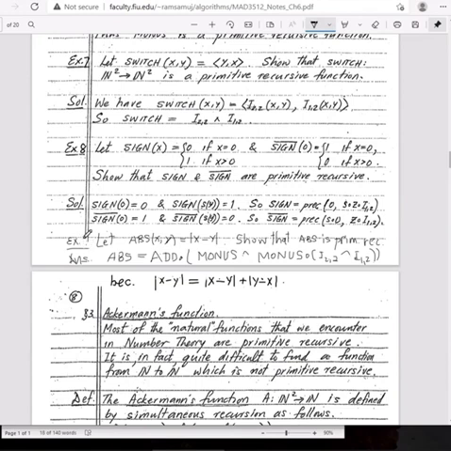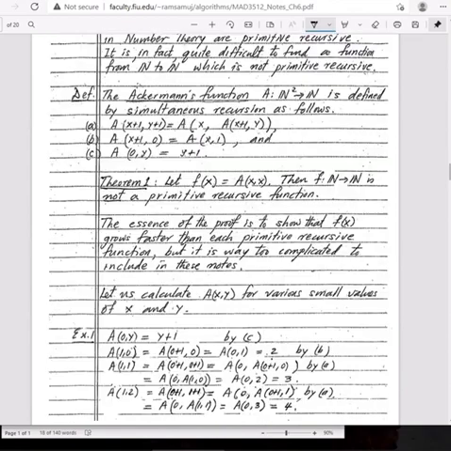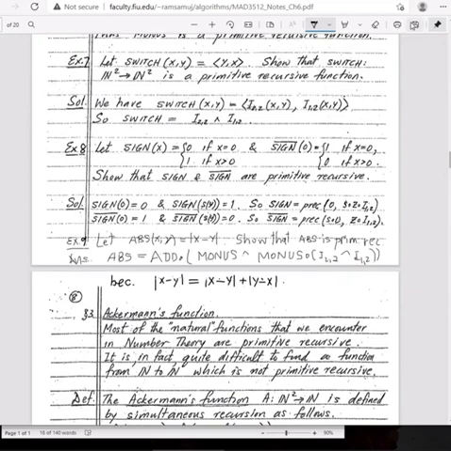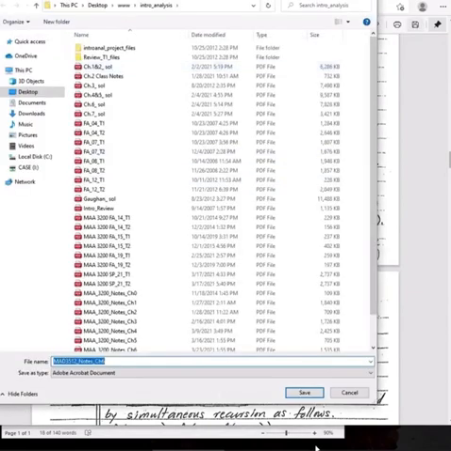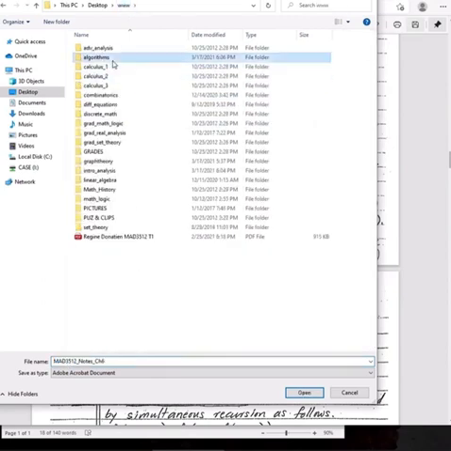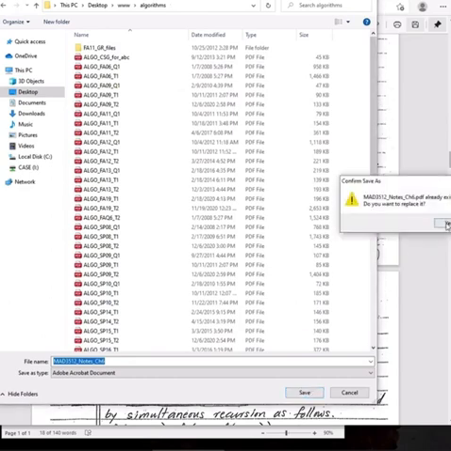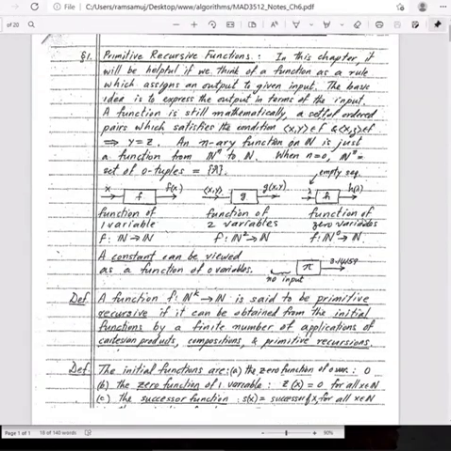And example 9. Okay, good. Now, what was I saying? I was saying, so let me save that. Save, so I don't lose it. Okay, save.